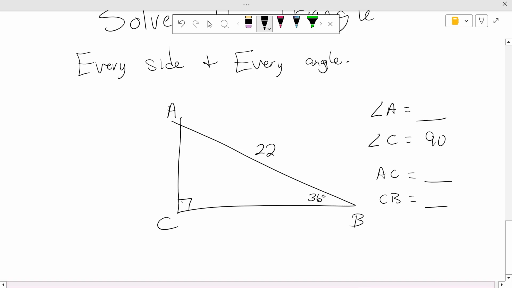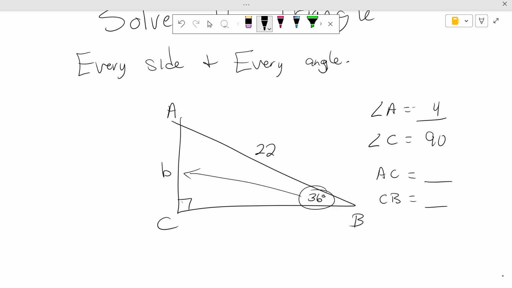Okay, well, how big is angle A? What's left? It's 54 degrees. Okay, 54 degrees. Now, using what they gave us, I have 36. To find this opposite side, if you want to put an X there, you can. If you want to put a B there, you can.